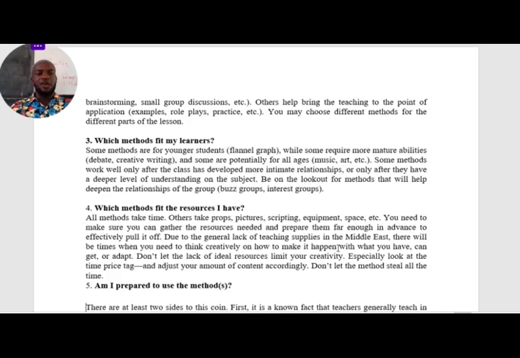Do not let the lack of ideal resources limit your creativity. Especially look at the time, price tag, and among others. Do not let the scarcity of resources make you fail to use a particular method.